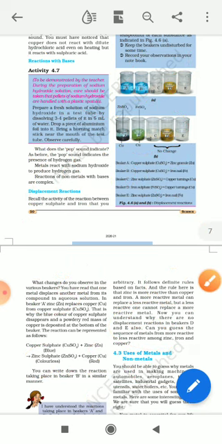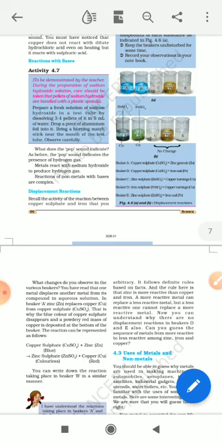In the last case, zinc sulfate and iron, zinc is more reactive than iron, so iron cannot replace zinc. So in three cases displacement reaction will not take place and there is no change. But in beakers A and B displacement reaction takes place, so we can see visible changes.